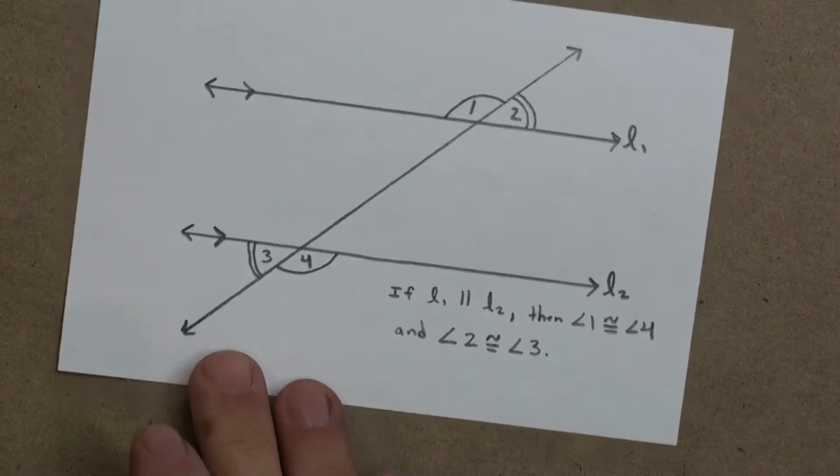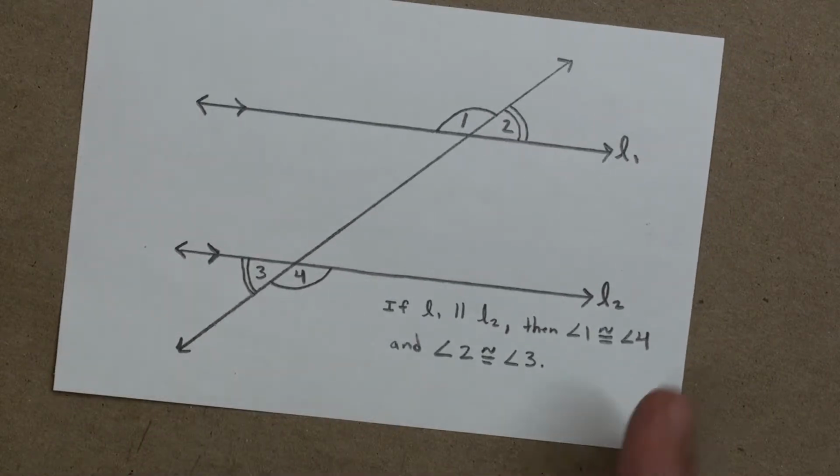Okay? So those are the alternate exterior angles.